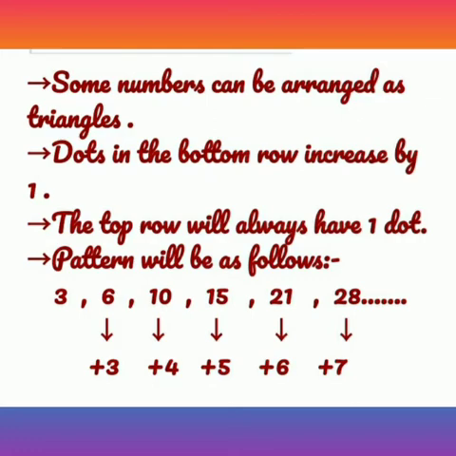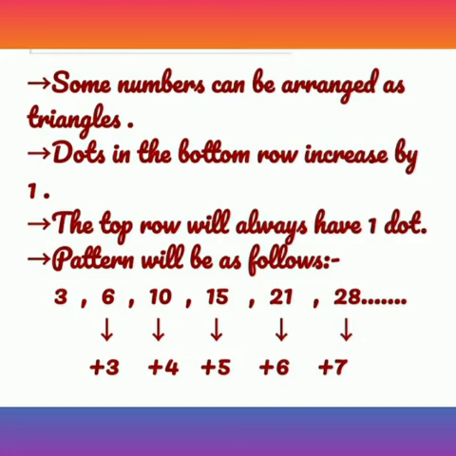So in this way, if we go on increasing 1 dot in the bottom row, and you have to increase 1 dot in the top row also, then only you will get a complete triangle. Okay, so in this way 3, 6, 10, 15, then 21, 28, like this the pattern will go, and these numbers can be arranged as triangles.